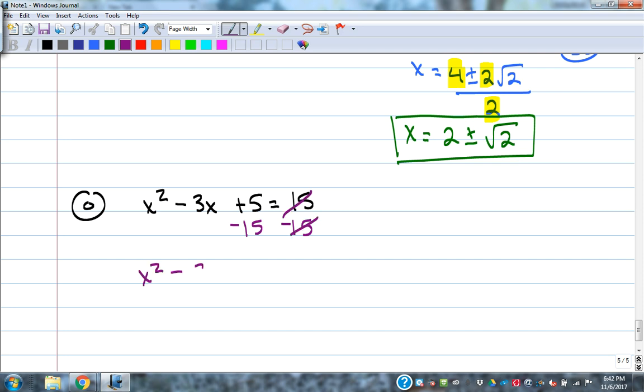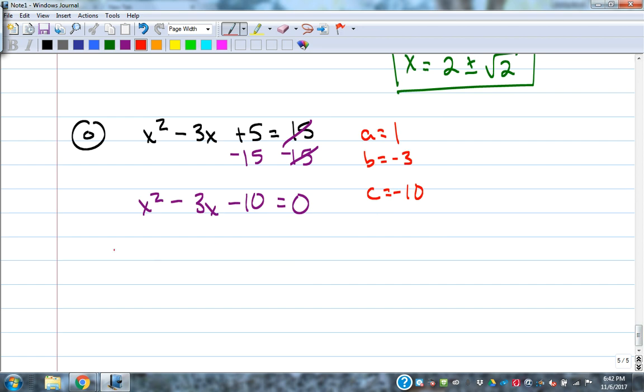It's going to be x squared minus 3x minus 10. And then, thinking for things that multiply to be negative 10 and add to be negative 3. Maybe that works, maybe it doesn't. Maybe it jumps out to you that it's negative 5 and positive 2. That's wonderful if it does. What if it doesn't? Okay, quadratic formula still works. I'm going to use that. A is 1, B is negative 3, C is negative 10.